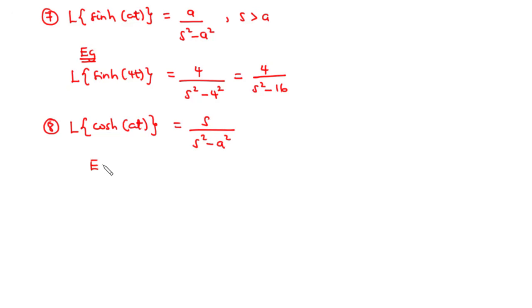So we take an example, that is, we have the Laplace transform of the function cosh 4t, that will be equal to s divided by s square minus a is 4, so 4 square. That will also be equal to s over s square minus 16. Also notice the difference here.